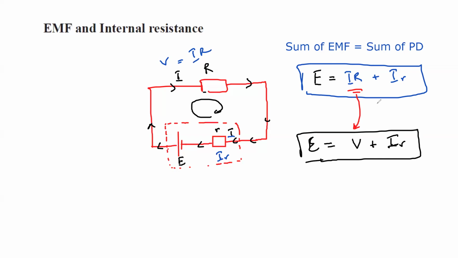This is the formula which is used to solve questions when a battery with internal resistance is there. This is the voltage drop external, and this is the voltage drop internal.